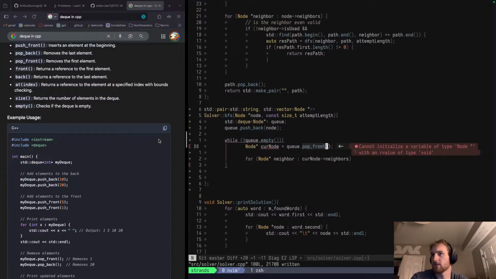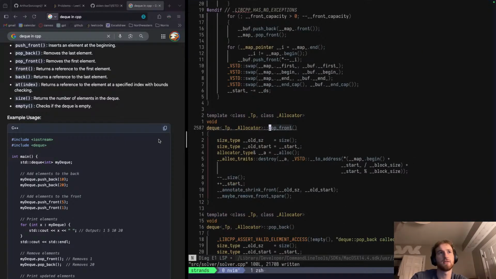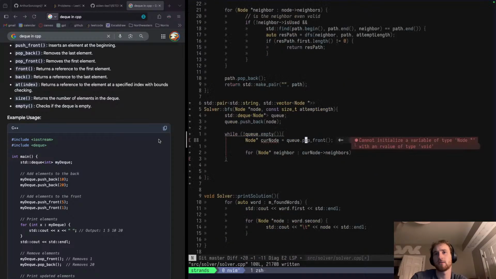I'm not sure that's a variable type. Does pop back not return? Bro, it doesn't. God damn it.